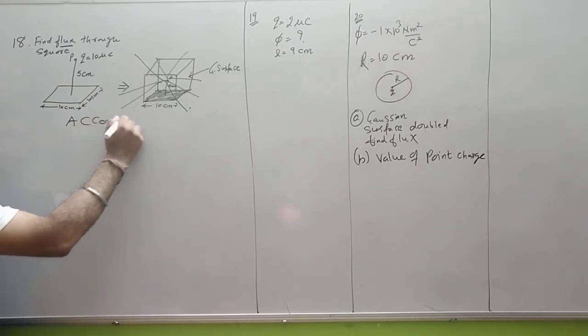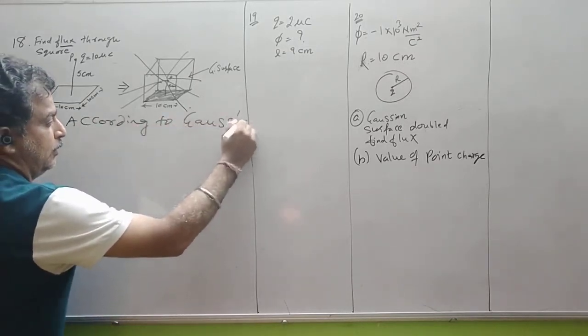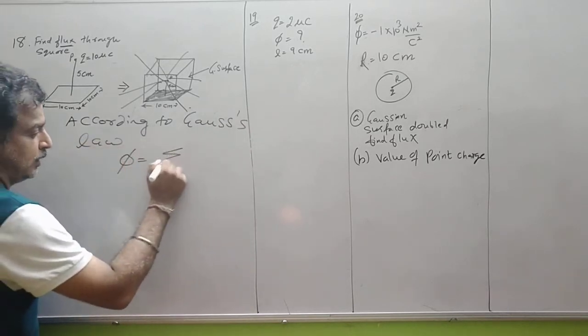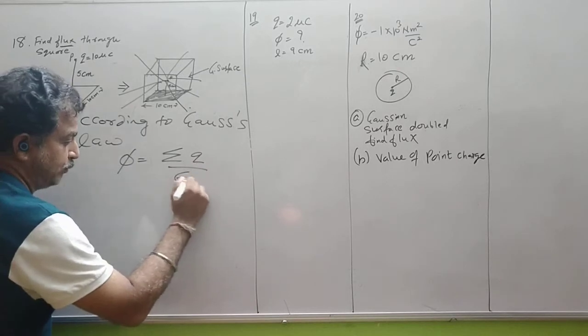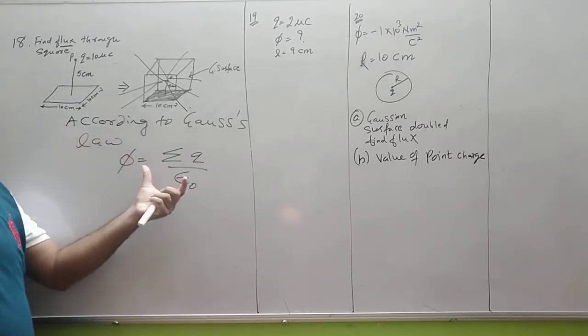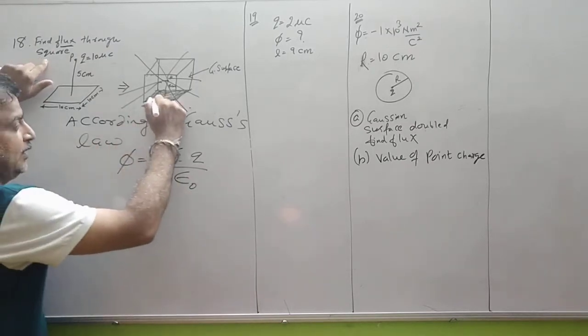According to Gauss law, flux is equal to summation Q upon epsilon naught. But we need to find out only the flux linked with a square, that is only the one side.